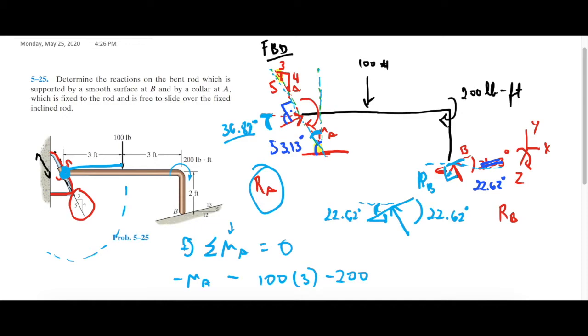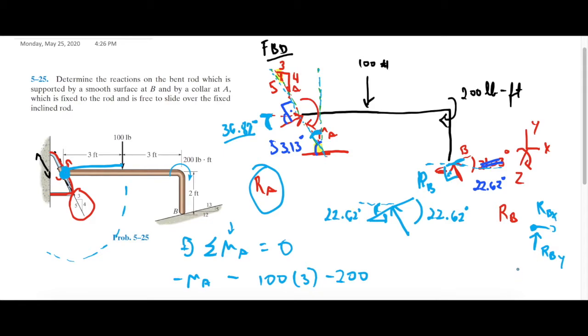The easiest way that I can think of doing this is just splitting B into components. If you think about this, let's just say point B was this point that I'm drawing here, there's going to be an RB, remember previously? There's going to be an RBY and an RBX.